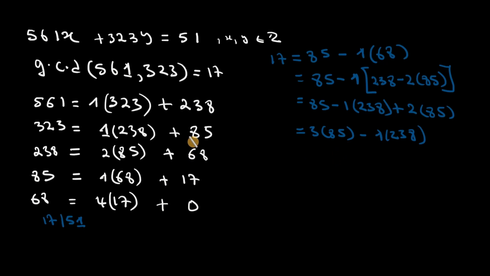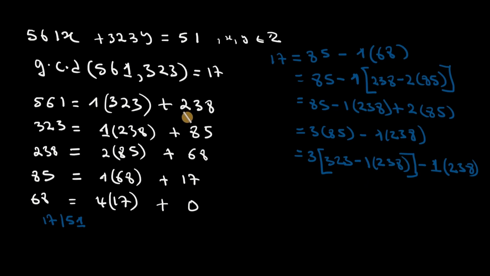I know 85 is equal to 323 minus 1 238, so I have to replace 85 here. So I'll have 3 into 323 minus 1 into 238, minus this 1 into 238 up here. That is 1 into 238.